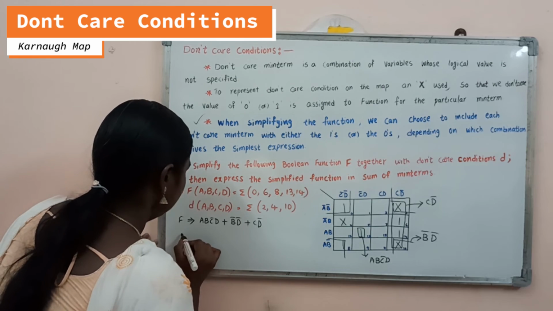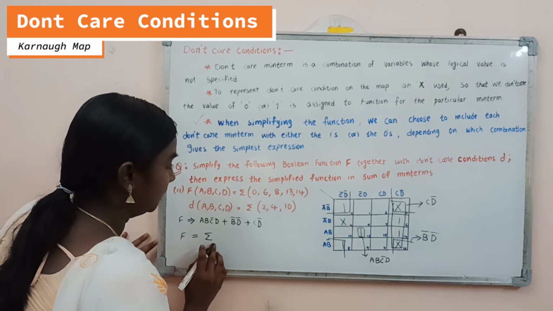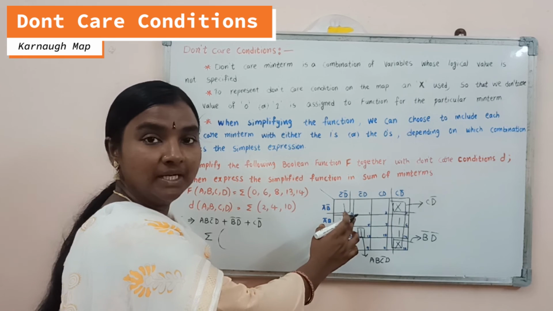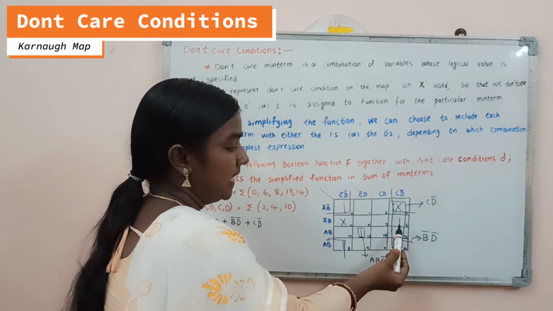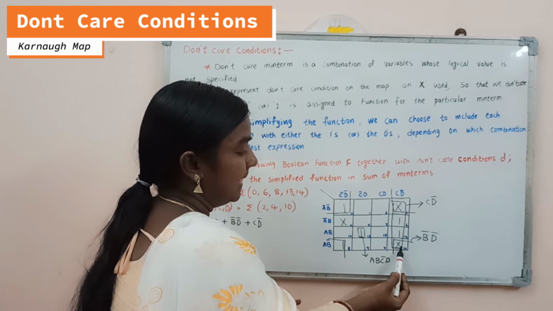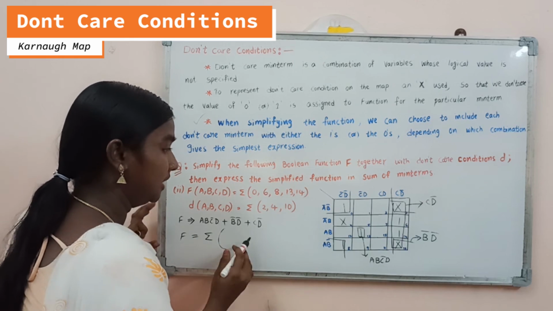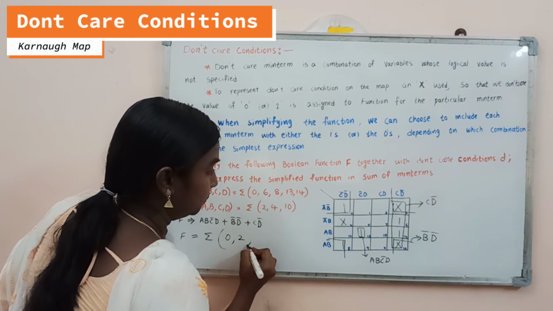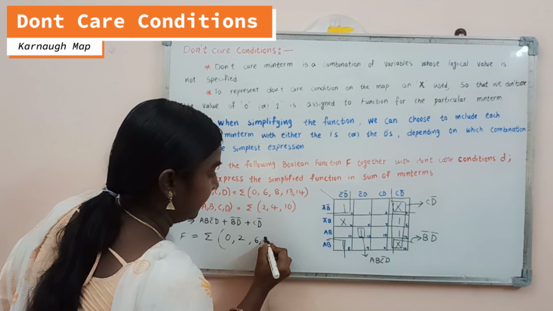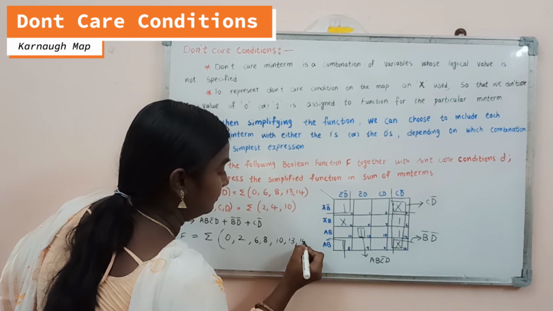So the function is equal to the sum of the minterms we grouped here, by considering M0, M2, M6, M8, M10, M13 and M14. For all those minterms we list here 0, 2, 6, 8, 10, 13 and 14.